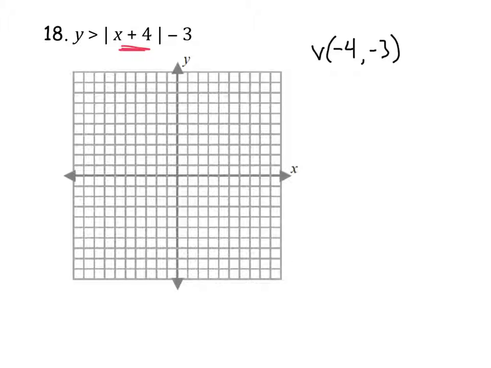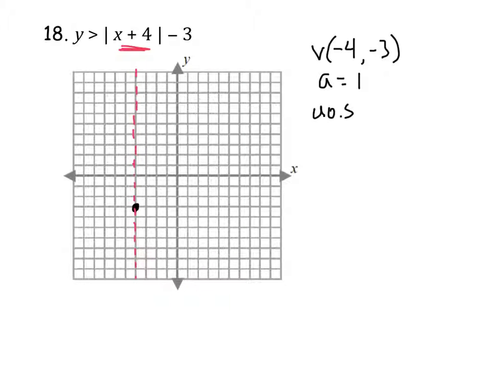What is the slope of the right side? 1. Okay, so going through here, we go to our point -4, -3, which is right there. We have an axis of symmetry, which runs vertically through that.